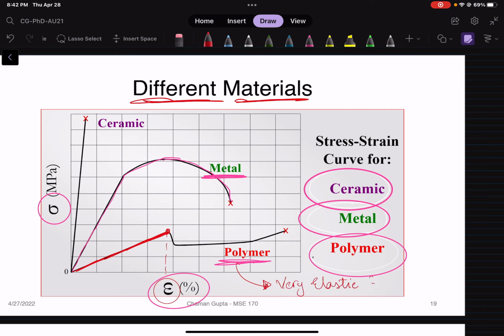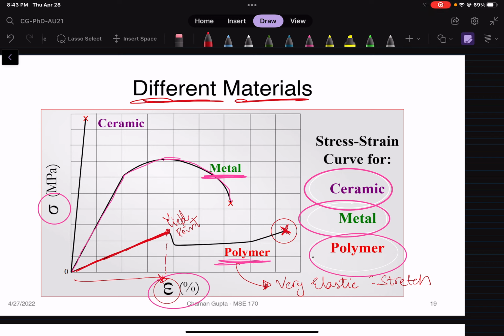You can stretch them. Strain is the relative change in the length, which is so high for polymer till the yield point. This is the yield point. Meaning that you can stretch polymers, for example rubbers, so much. And they will break apart at a very high strain. So this is the failure for polymers.